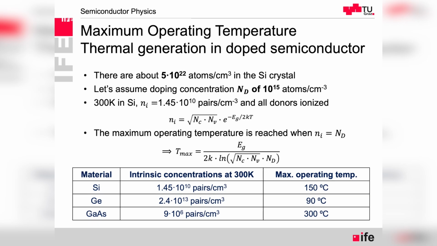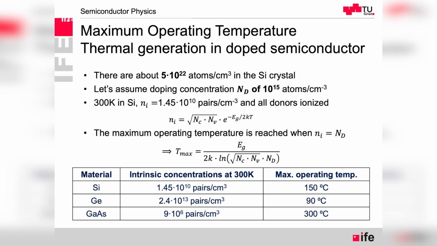at 300 Kelvin is like that. If we take this as, well, let's say the doping concentration actually is not included here, because for silicon the doping concentration we said is quite a bit higher.